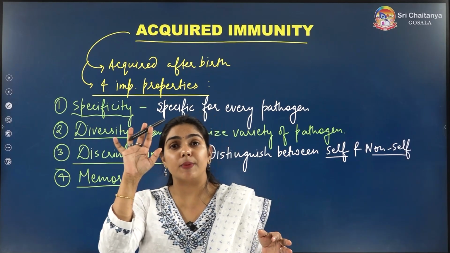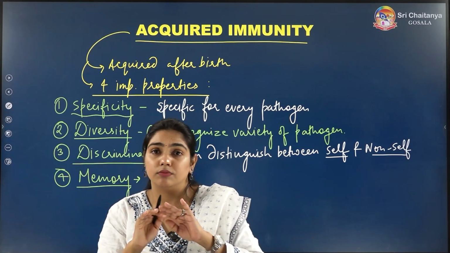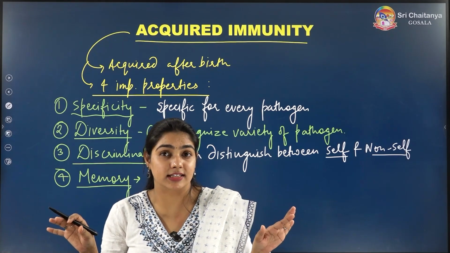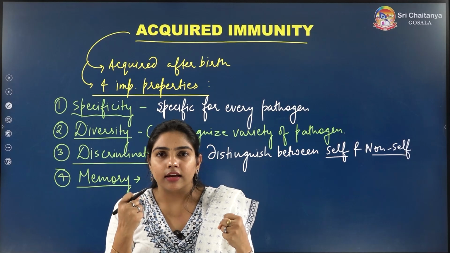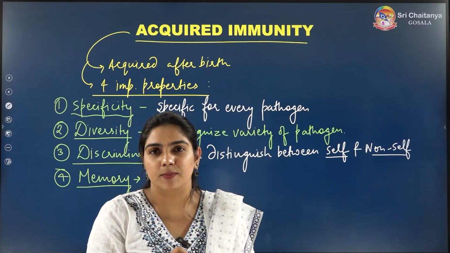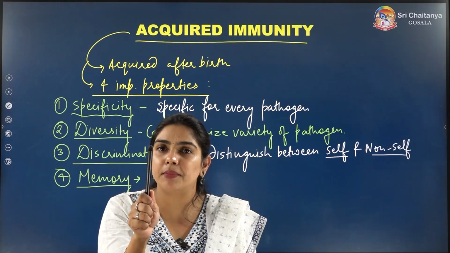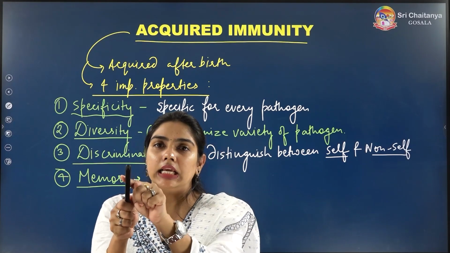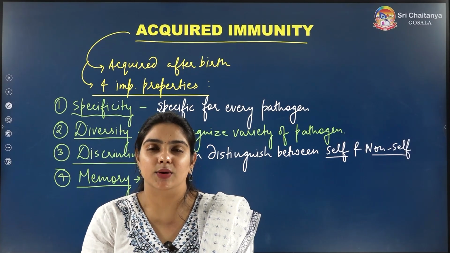Then slowly it will start preparing antibodies, okay. But by the time, this pathogen has caused the disease, now I am suffering from the disease, and now I got cured from the disease. But now my immune system is getting angry that this time I was not able to kill the pathogen. But if it comes again, I will definitely remember and I will definitely kill it. So that is the power of memory, okay.